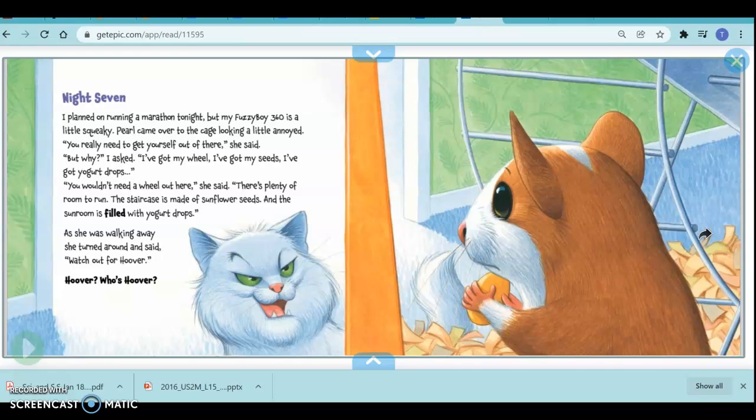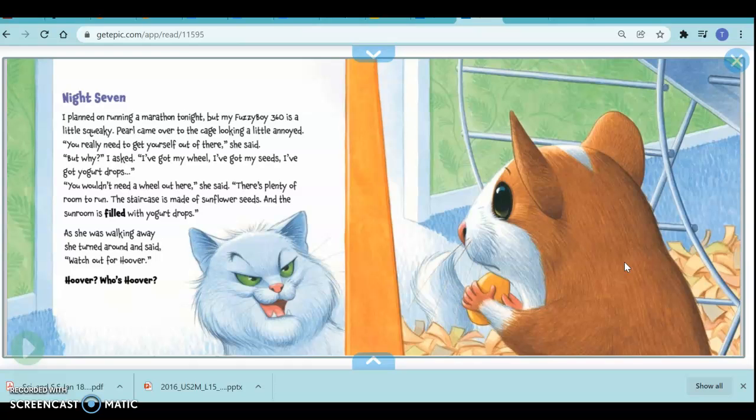Hoover? Who's Hoover? So, right then, boys and girls, you notice that he's starting to wonder and he's more curious, thinking, well, wait a minute. Pearl is saying that all of these amazing things are happening outside of his cage.